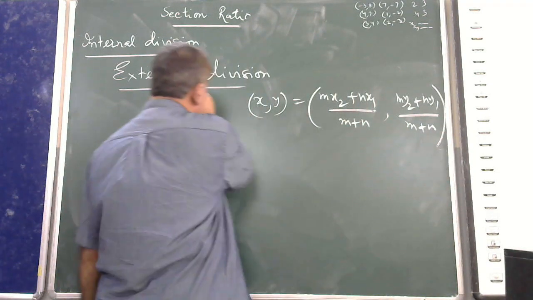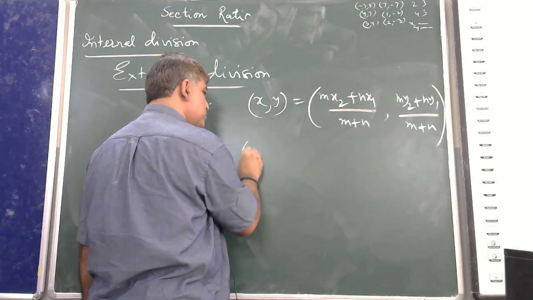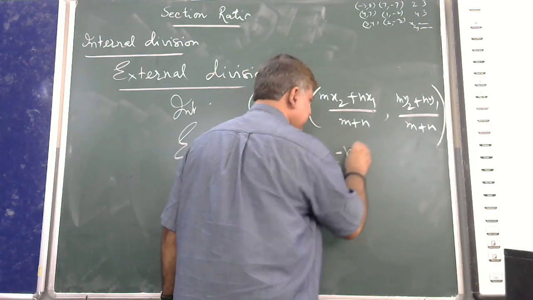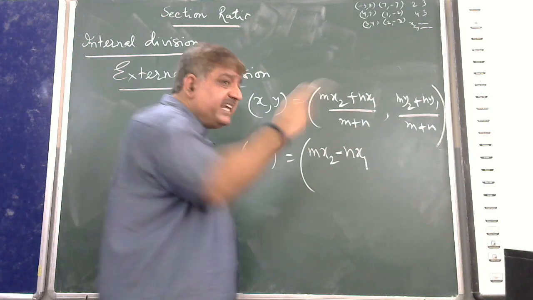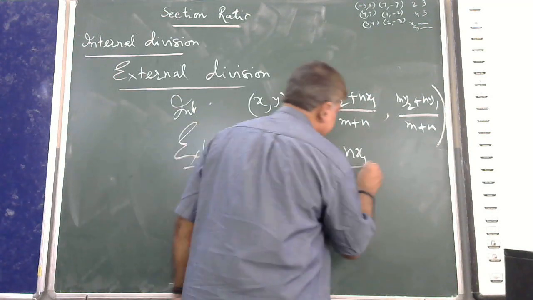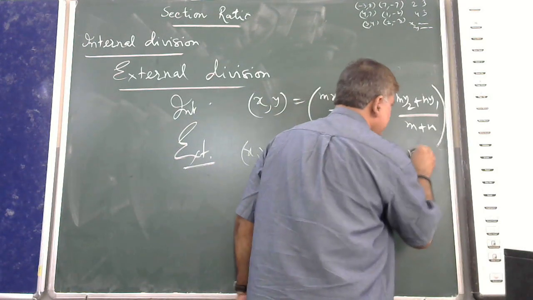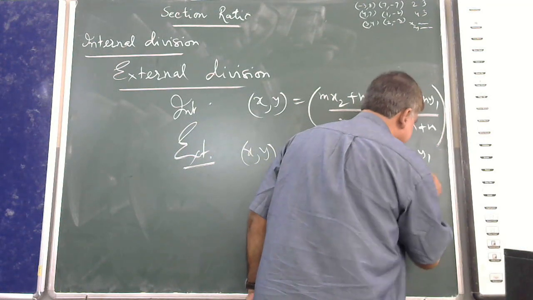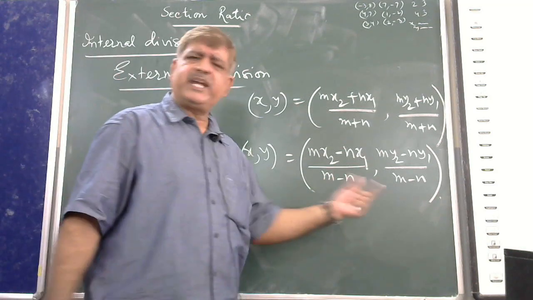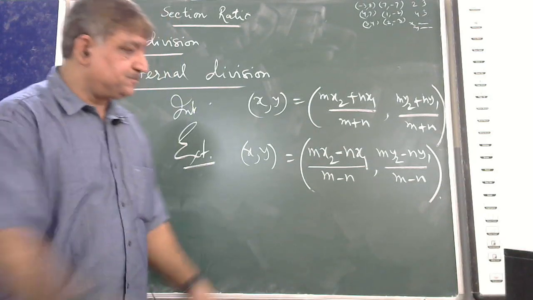And for external division, the same point x, y can be written as (mx2 minus nx1), because if we assume the sign of n as negative, your displacement is in the reverse direction. So minus nx1 by (m minus n), and here you will get (my2 minus ny1) by (m minus n). So this one is the formula for external division. Yes, you can derive this formula by the same concept. This will depend on you.